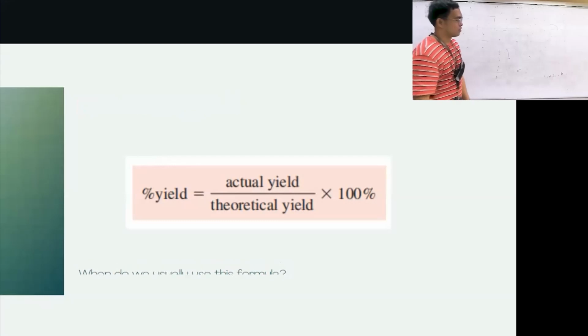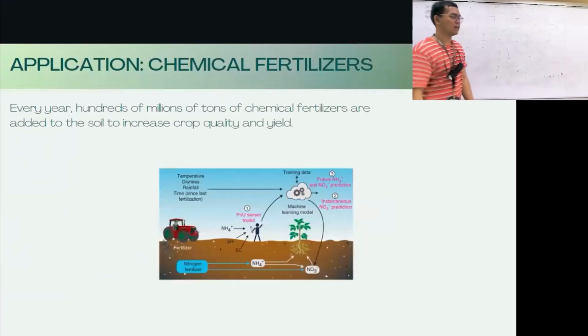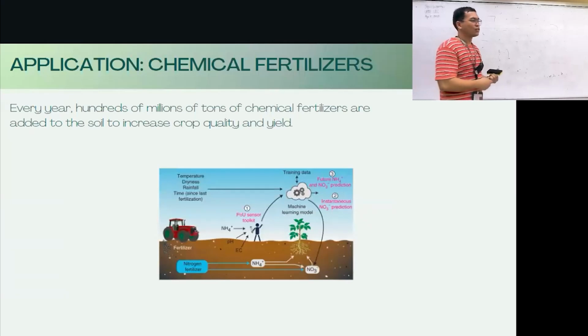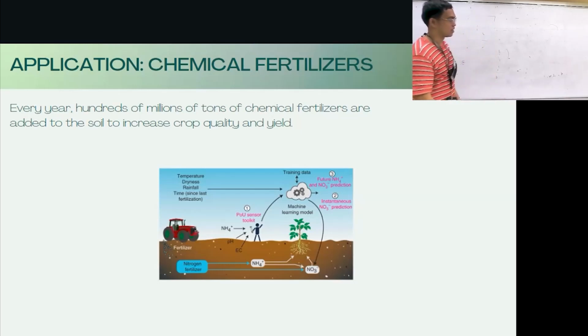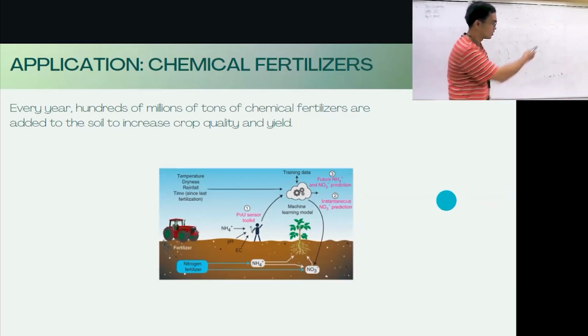Sige, next. So, last on my part, doon tayo sa applications. Worldwide, we know naman fertilizers help crops to produce crops that are efficient and would yield a lot of products. Nandiyan na rin naman yung description.